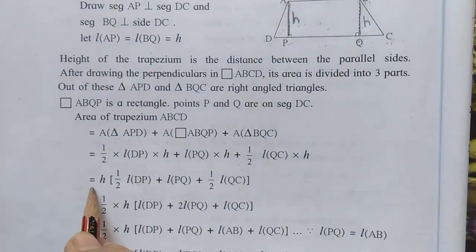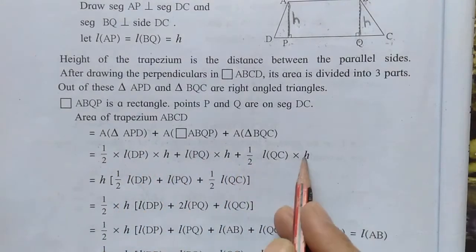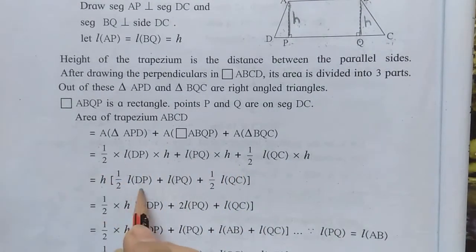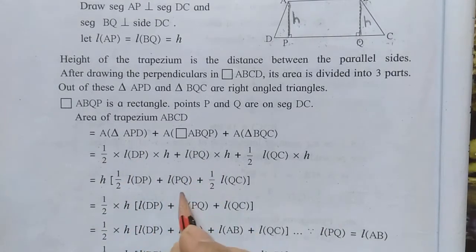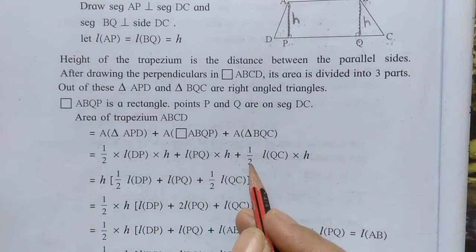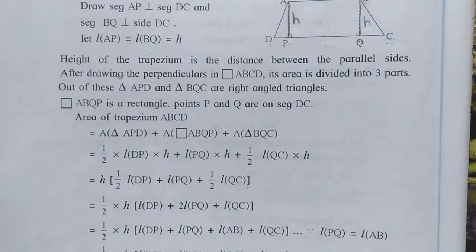Now see the next. Take H as common. Then what remains? Half into length of DP, plus length of PQ, plus half into length of QC.